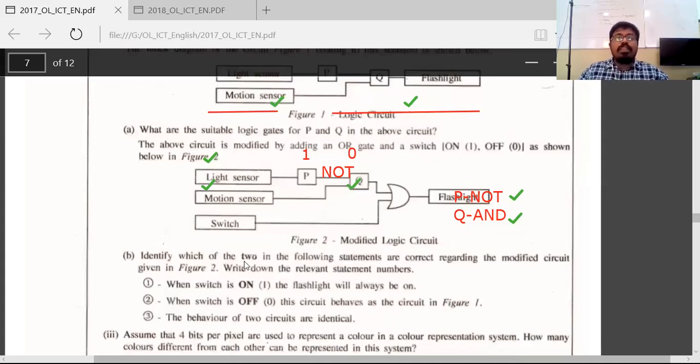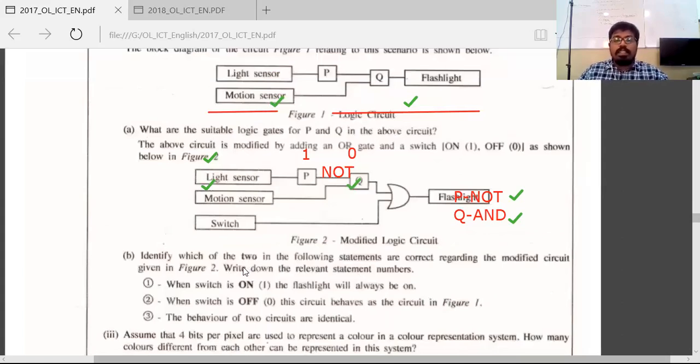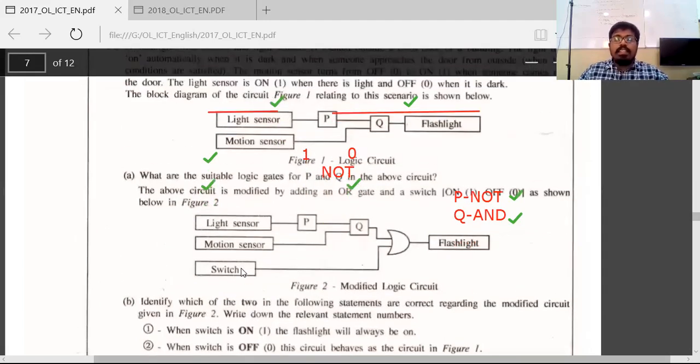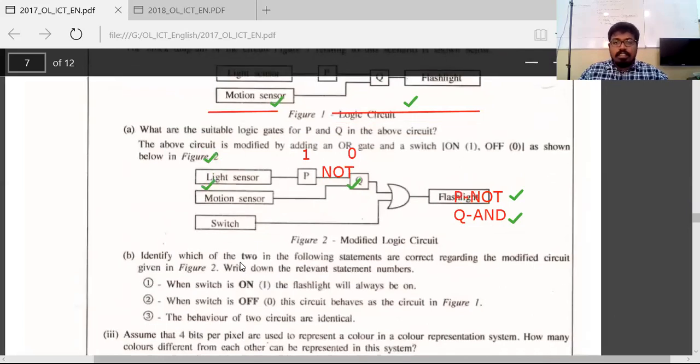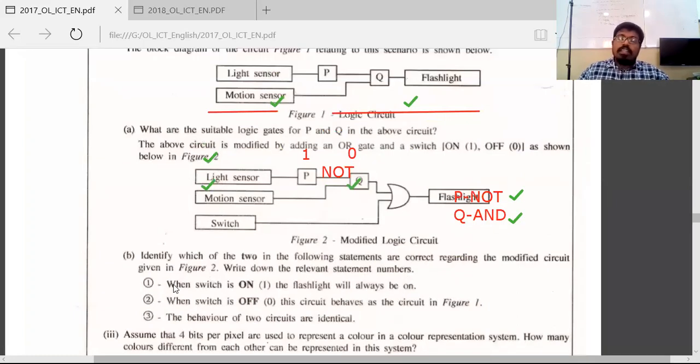Identify which of the two statements are correct regarding the modified circuit in figure 2. Write down the relevant statement numbers. They are modifying the logic circuit by providing a switch and an OR gate between the AND gate and the flashlight.